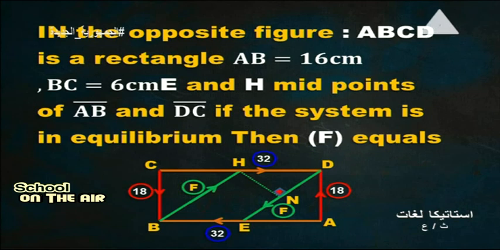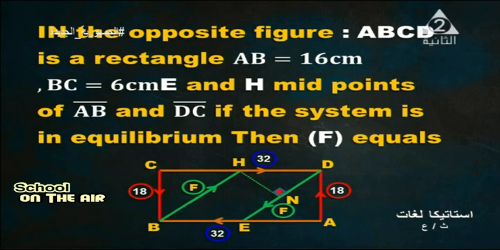Look at the force F. The forces F form a couple because the two forces are equal in magnitude and opposite in direction. The first acts at BH, the second acts at DE. Remember, we have in the opposite figure three couples.